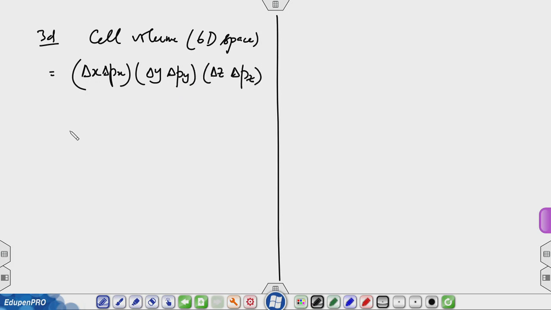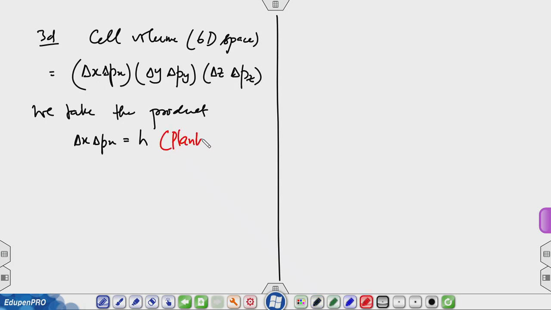And we take the product delta x delta px to be equal to h, Planck's constant. And therefore, this volume of cell in phase space is equal to h cubed.